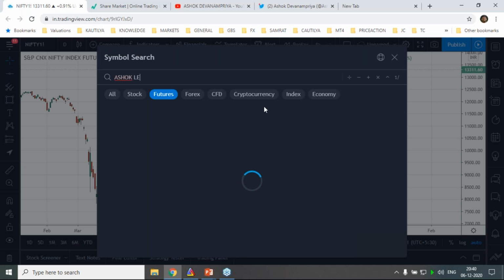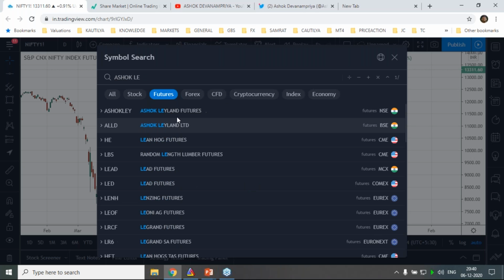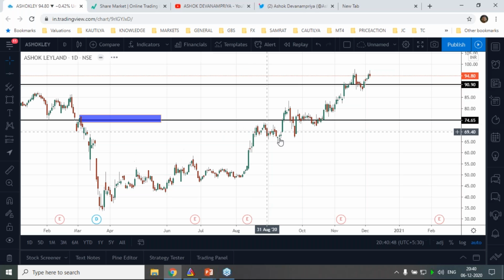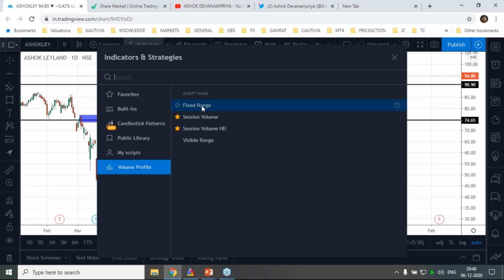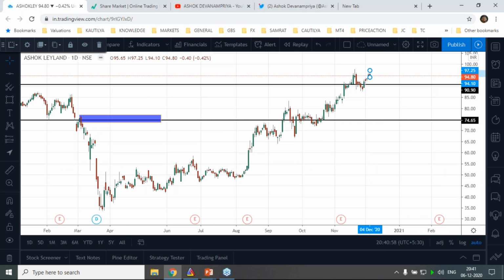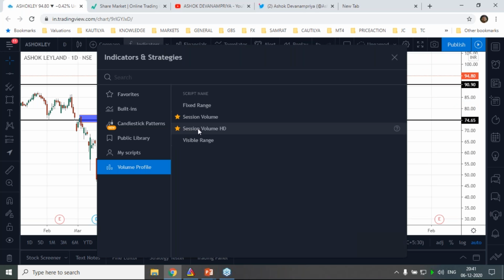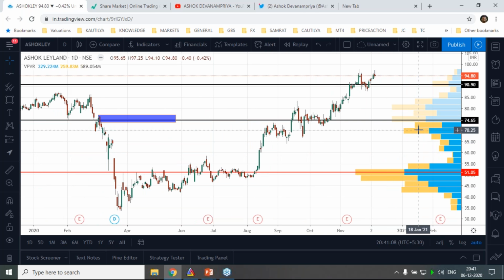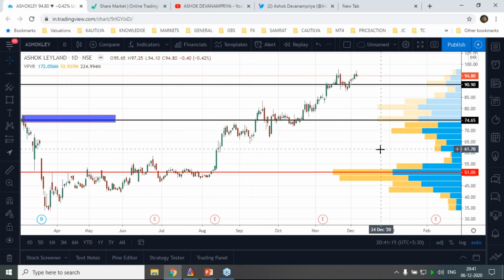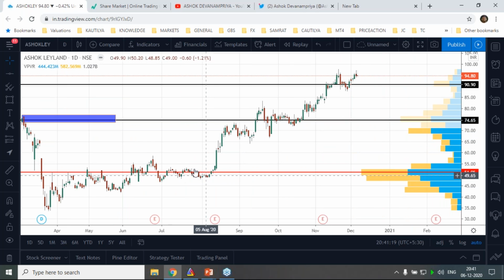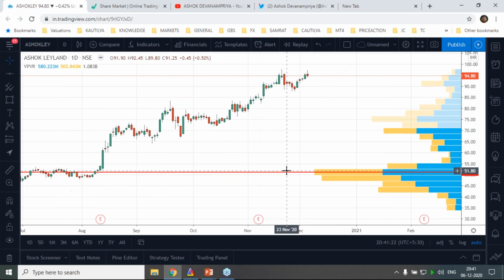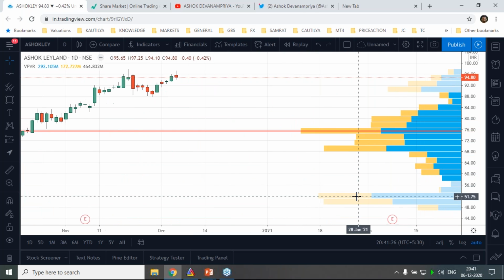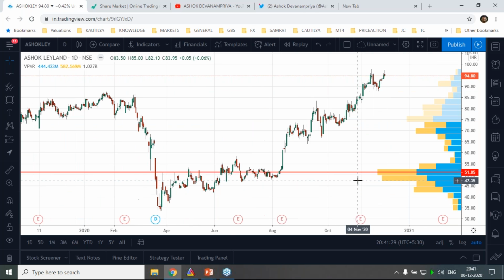Let me put some stock, Ashok Leyland. Give me a second. It will come generally. Can you make out? See, your volume profile comes. You can definitely use this for all your activities, and you can use volume profile for all your analysis also.